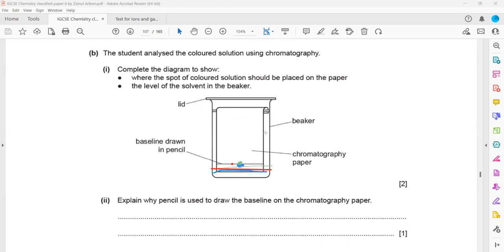Explain why pencil is used to draw the baseline on the chromatography paper. Because the ink can dissolve in the solvent. The ink can only rise, nothing else will rise. Simple answer is pencil is not soluble or does not dissolve, whereas ink is soluble, it will dissolve.